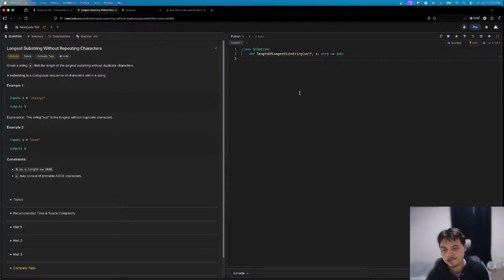Okay, so we can say res equals... actually, we can do something similar. So if length s is equal to 1, simply return 1. That's like a base case.